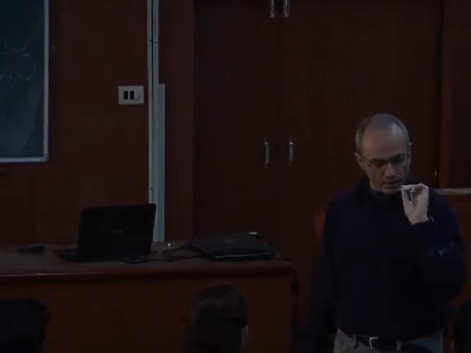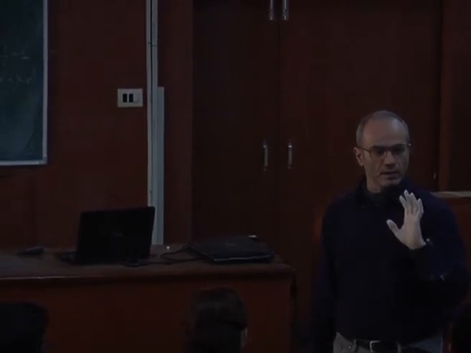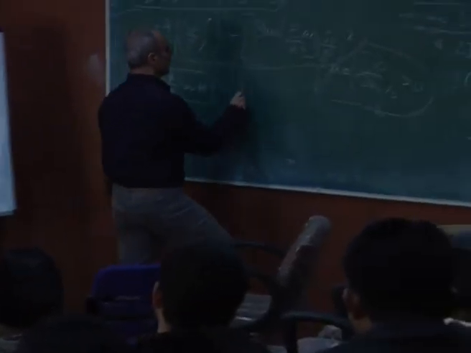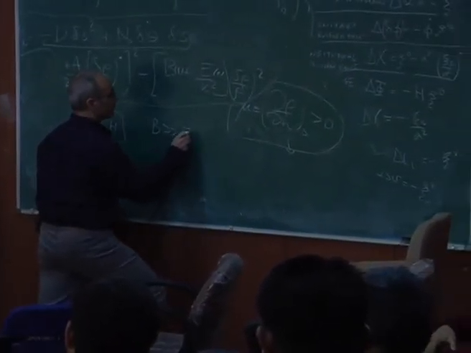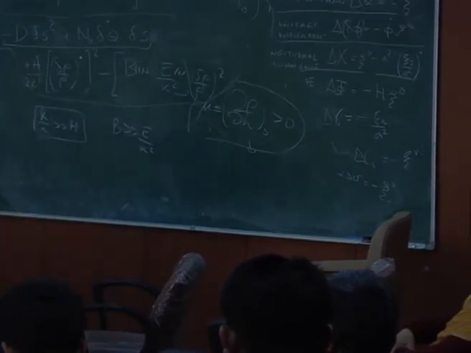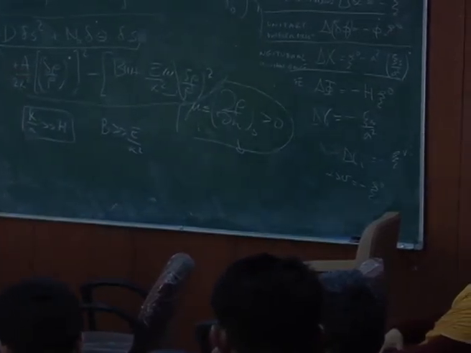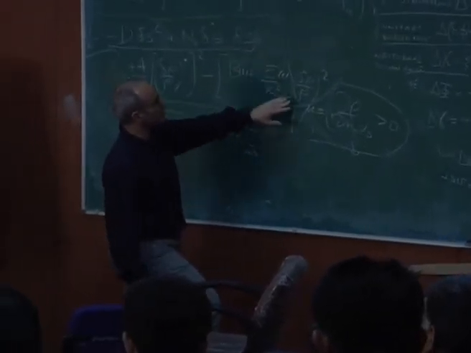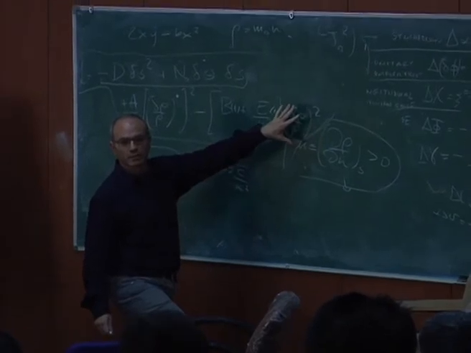It's just a way to solve the equation approximately, nothing else than that. When this is the case, then B will be much larger than E divided by k squared, so I can approximately neglect this, because this part is the coefficient for this object here.